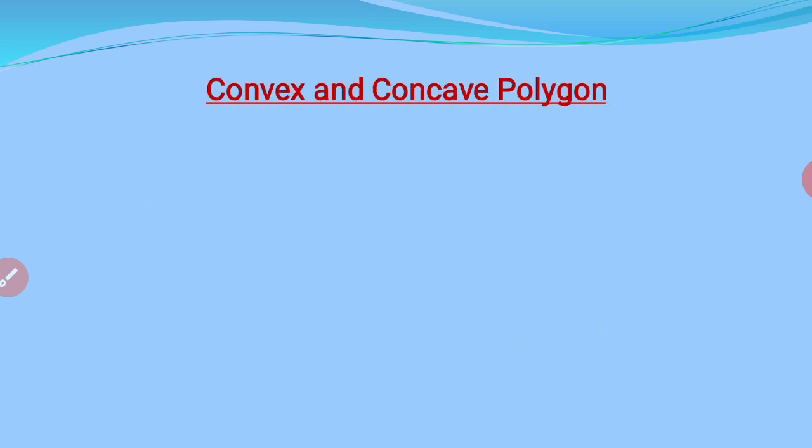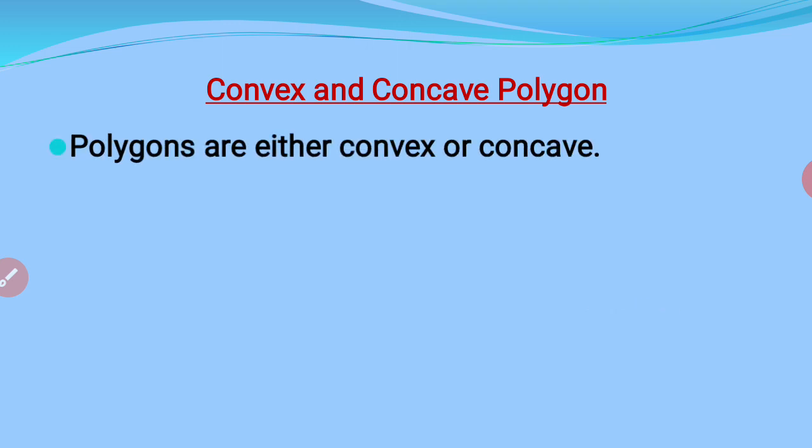Next is convex and concave polygon. We have studied a lot of polygons. Polygons are the closed figures or the closed curves which are made up of line segments only. But they are of two types, convex and concave.